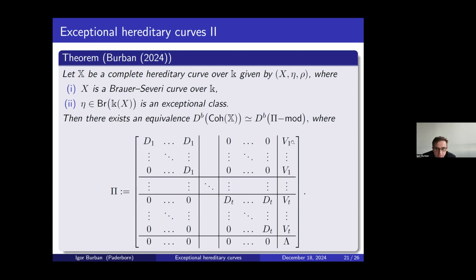And the V_i are right modules of lambda. So D1 is the endomorphism algebra of V1, and V1 is a right module of lambda. So again, we know how to multiply these things. And the sizes of the diagonal blocks are determined by my weight. So it is the definition of the squid algebra, or rather a version of it. Well, it is what it is. At least I think one can understand what we do here.